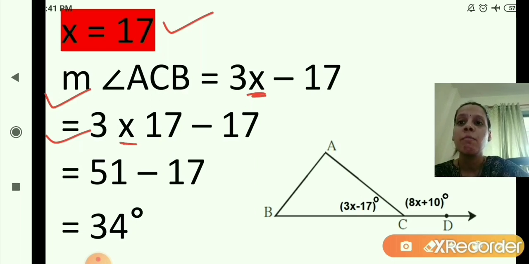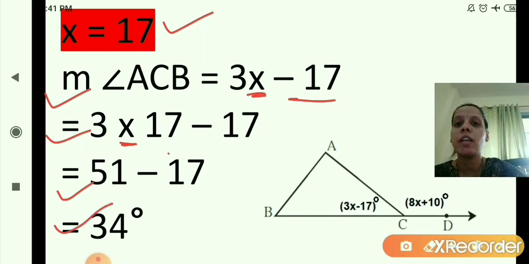So 3 multiplied by x means what? 17. So 3 multiplied by 17 minus 17, this we will write down as it is. So 3 into 17, 17 3s are 51, correct. Minus 17 as it is. Now do the subtraction here. 51 minus 17. Answer is 34 degree, right?